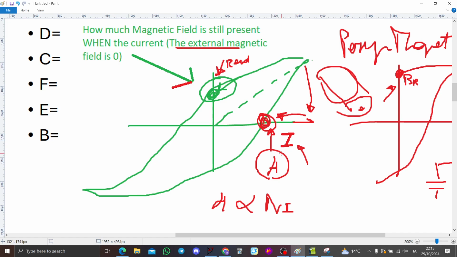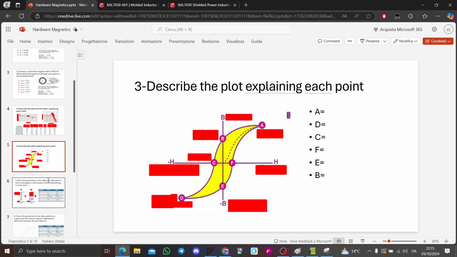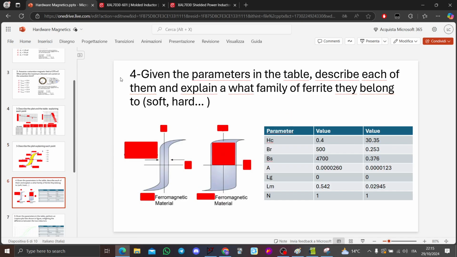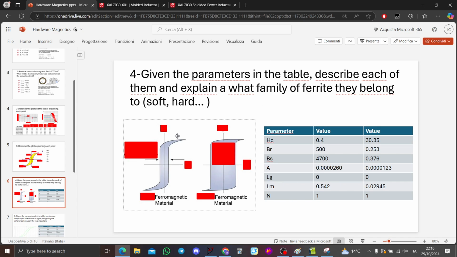So the higher this is, the higher the current needed, and the higher the losses. If you understood this, I think that you can immediately understand this question. So, given the parameters in the table, describe each of them and explain what family of ferrite they belong to. Soft, hard. For power electronics, if you understood everything, you will need the second one.